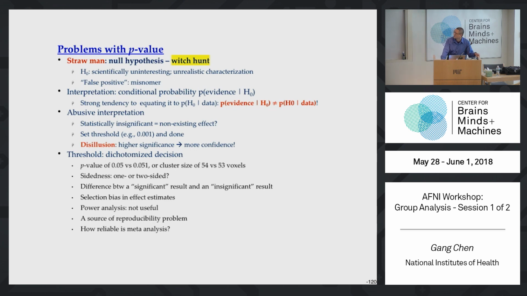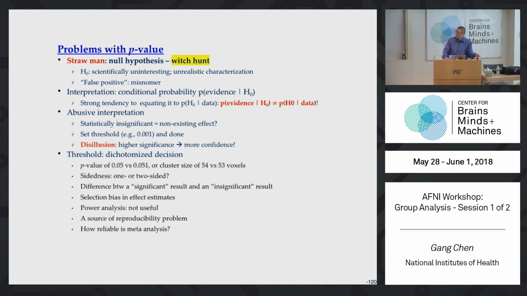Those two things are mathematically not the same, but people usually misinterpret the p-value. Whenever you say the p-value is 0.05 or whatever, it's a conditional probability: pretend nothing is going on, what's the chance you would get the current data? That's the meaning of the p-value.